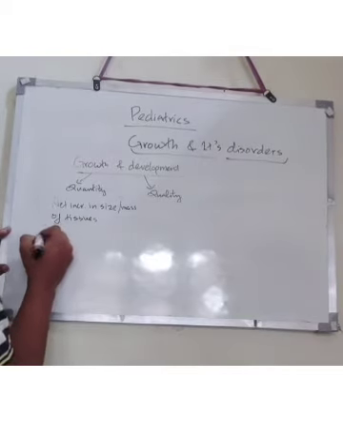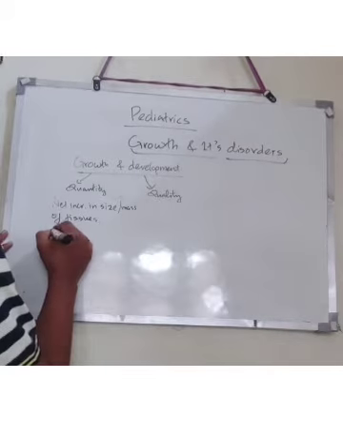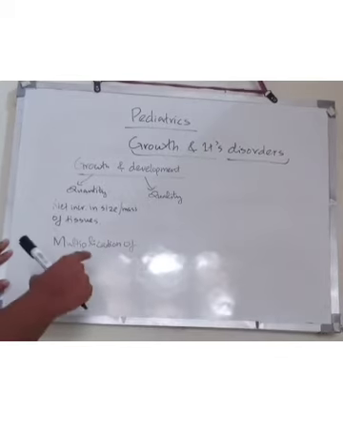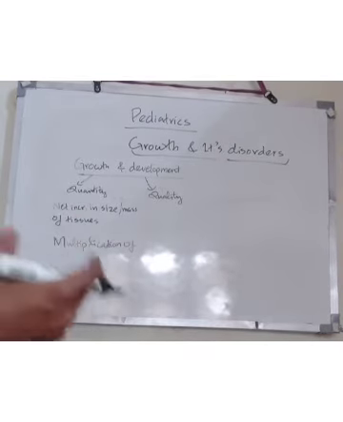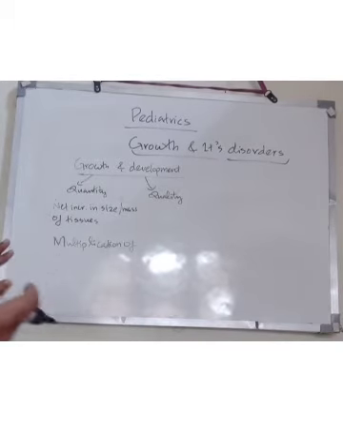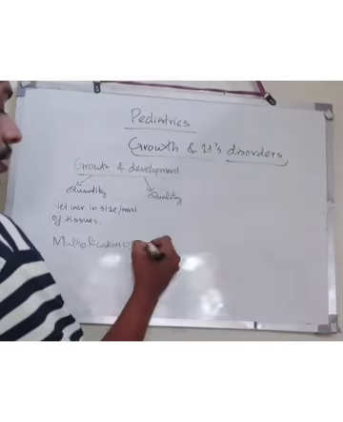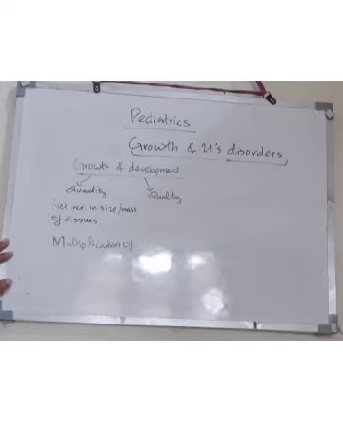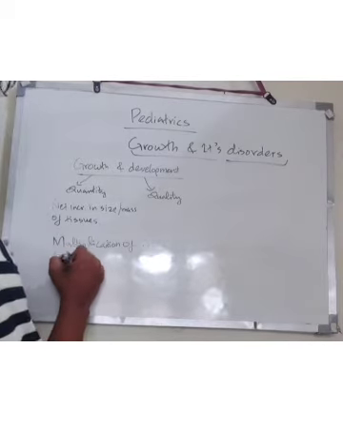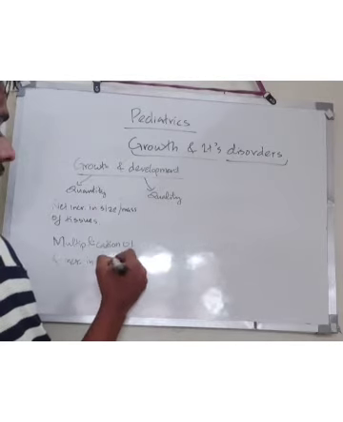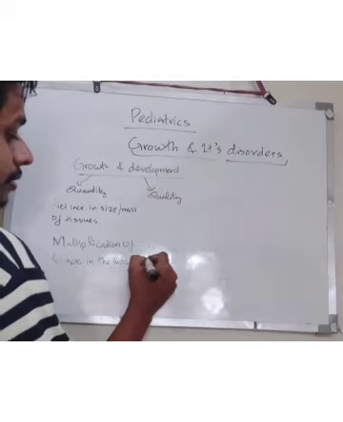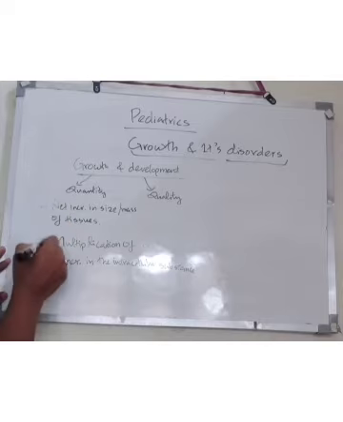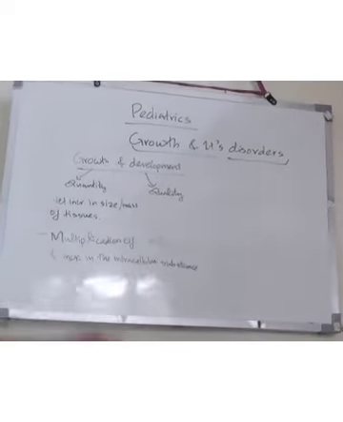When the size of the tissue increases, there will be multiplication of the cells and an increase in the intracellular substance.